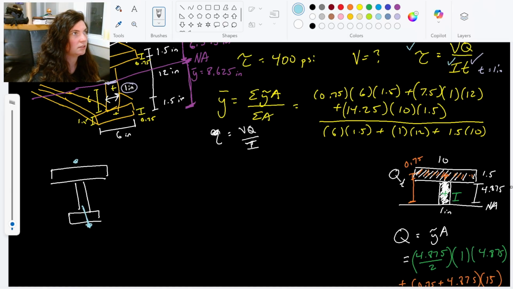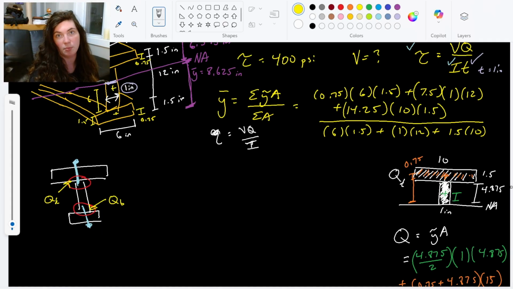Nail, nail. We're looking at this interaction between the boards. That's our point of interest. That's the point where the nails would fail. So when we're looking for that first moment of area, we have two different points of interest. This is our first, Q for the top, and this would be our second, Q for the bottom. We've got two sets of nails going on. 3 boards have to be held together by nails on the top and nails on the bottom.